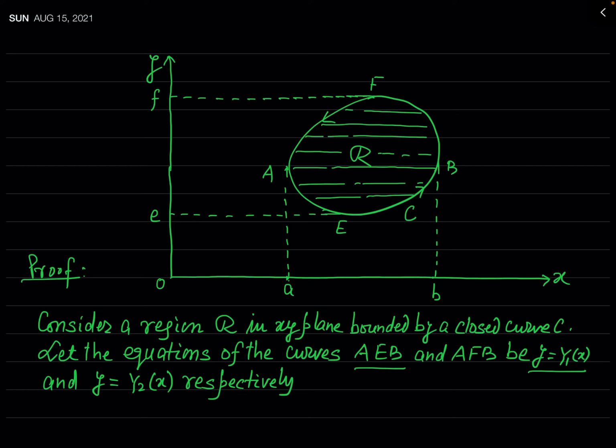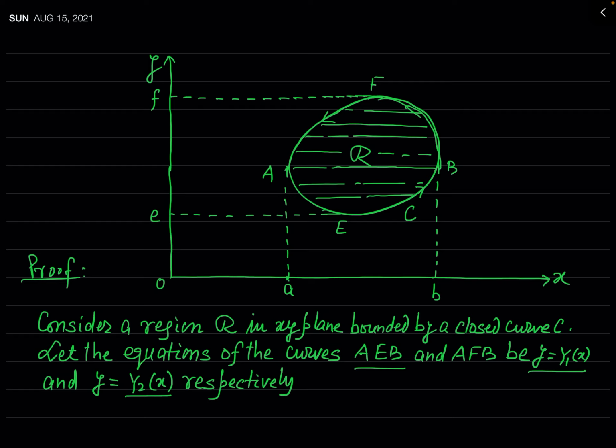And similarly, the curve AFB, when you move from point A to B, again you can see x varies from a to b, but y depends on x. So the equation of this curve AFB, you can write y equal to a function of x, and that function I have marked here by Y2.